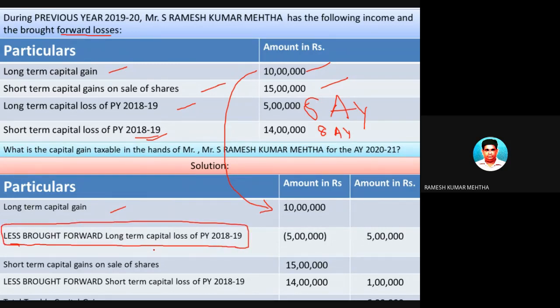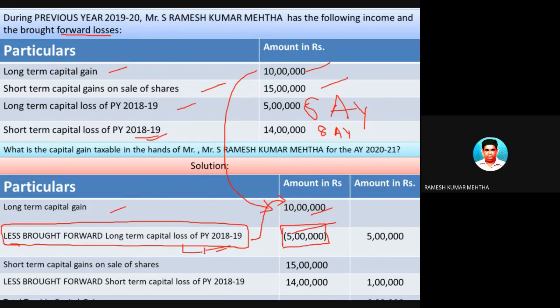This can be carried forward and set off against a similar kind of income, which is income under long-term capital gain, and it can be set off against the current year's 10 lakh rupees capital gain. So this loss of the last year, which could not be set off earlier, can be set off against this year's long-term capital gain.